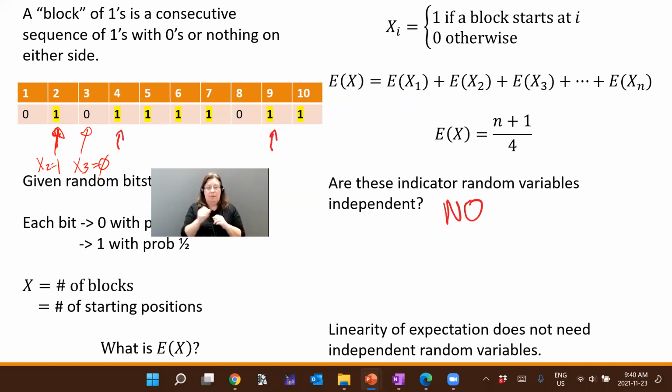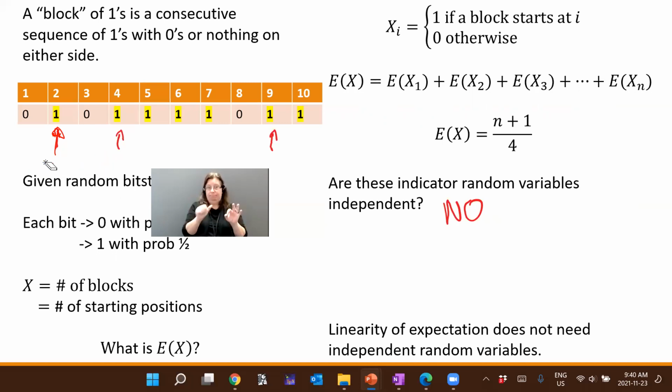Oddly enough, though, linearity of expectation does not need independent random variables. When we proved linearity of expectation, we did not use independence of these random variables. We simply did the algebra and it worked out.